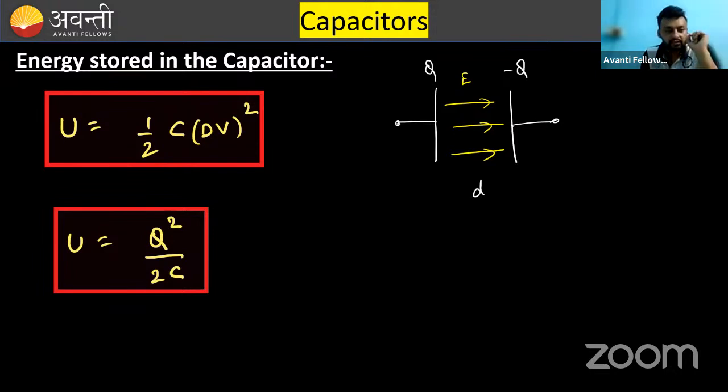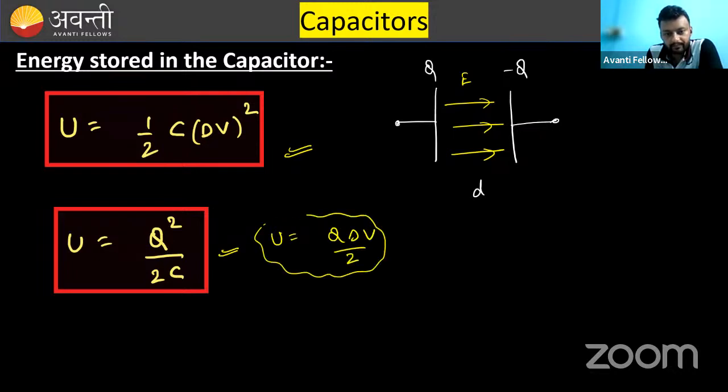Now the energy stored is half C delta V square, where delta V is the potential difference across the capacitor plates. It can also be written as Q square by 2C, or U equals Q delta V by 2. You can transform these into each other. No problem. Remember at least one of them.